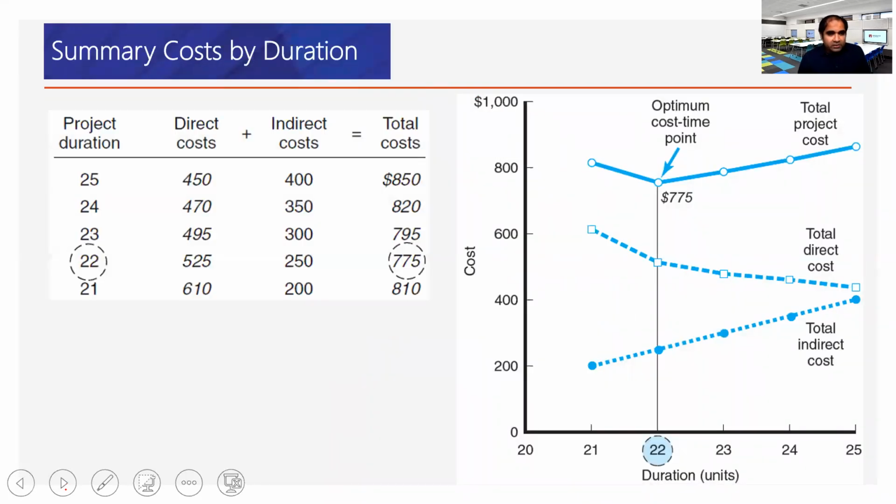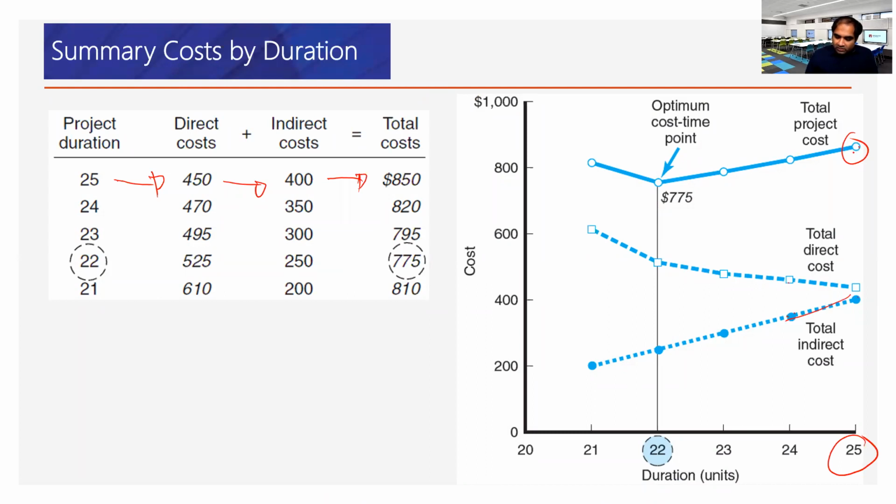Now, if you plot the graph here, from project duration, direct cost, indirect cost, total cost, we have from 25 here, 24, indirect reducing, this is direct. If you go down, this is the optimum point.